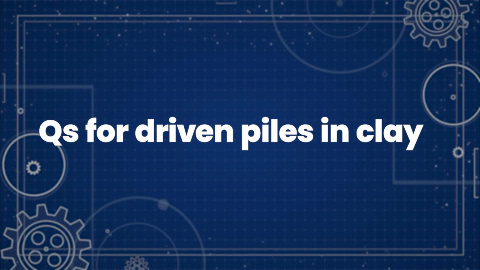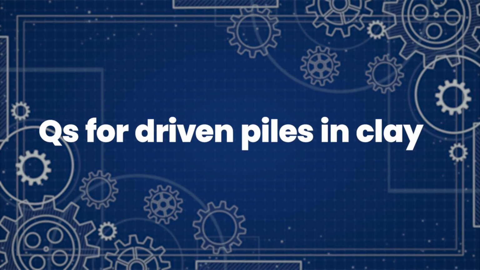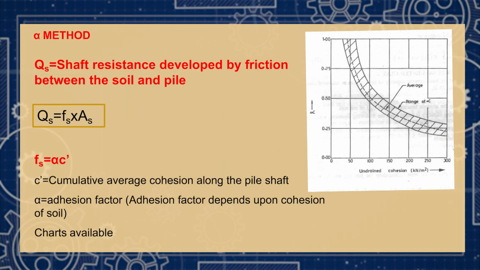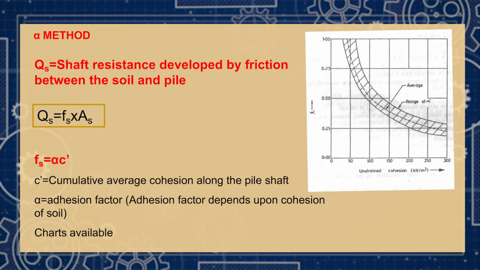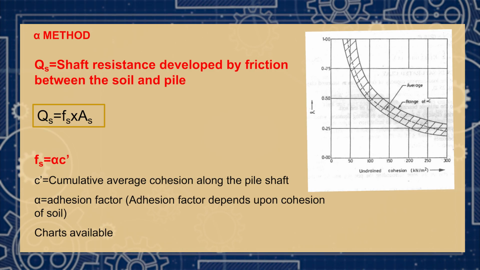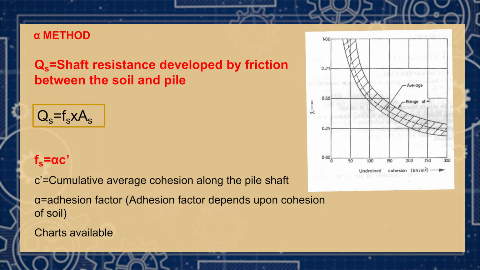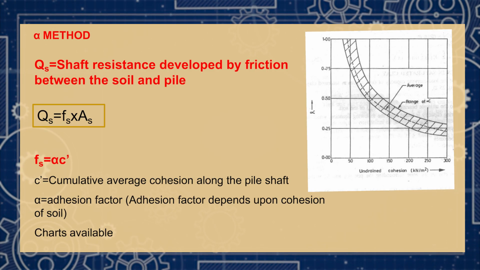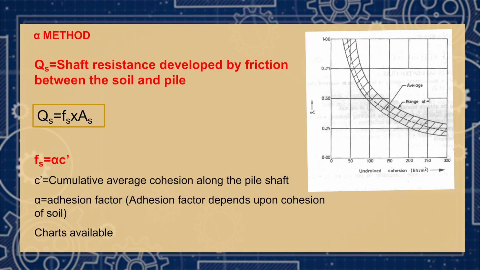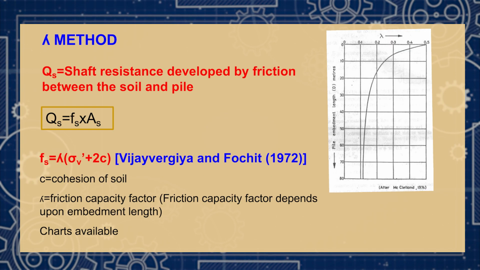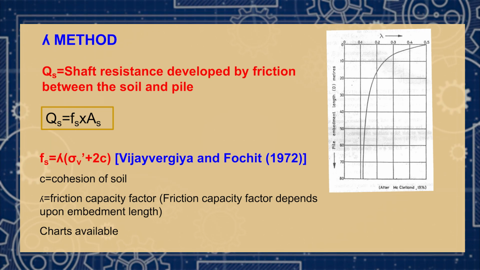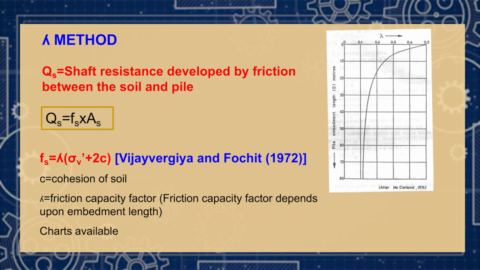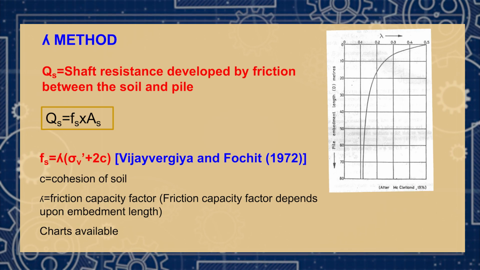Quickly, these are driven piles in clay. This is the formula: Qs equals Fs into As. This is the chart, with undrained cohesion on the x axis. This is another method, calculated by Qs in the same way, but this formula is taken from this reference.